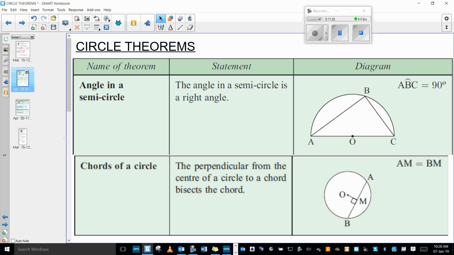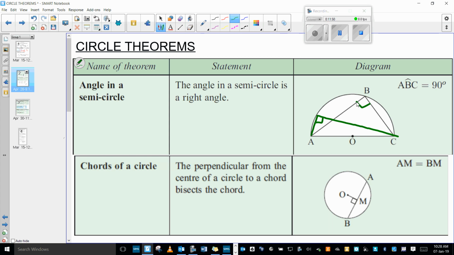If we have a semicircle, we can see that we've got this as our diameter. This angle here at the circumference will always be 90 degrees. You could draw that triangle anywhere and it would always be 90 degrees. But that's only in a semicircle.